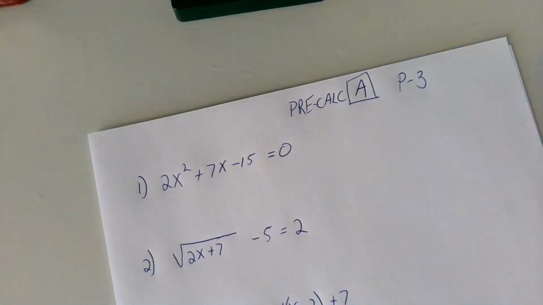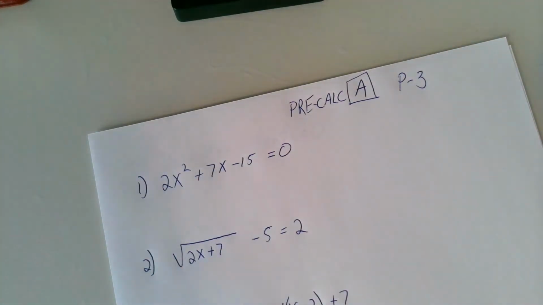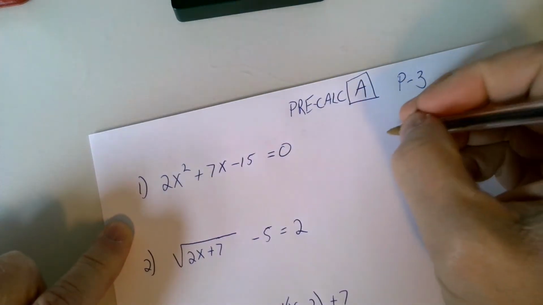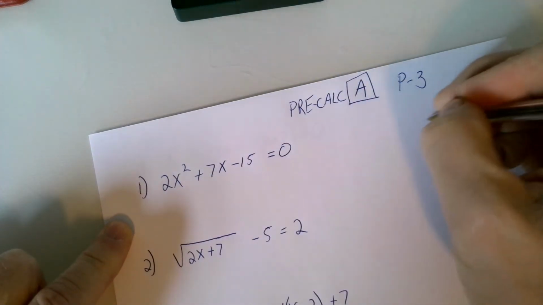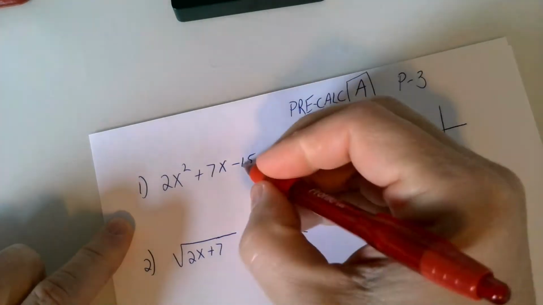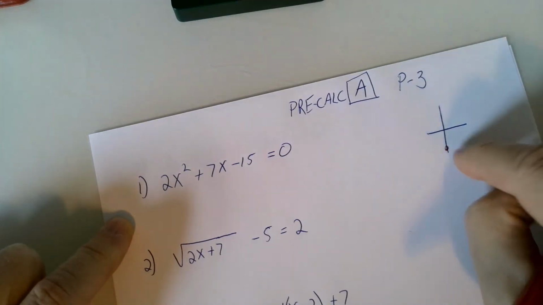So the first one, and again, you can copy any and all of these down, is 2x squared plus 7x minus 15 equals 0. I'm just going to give you a quick little rundown of this. If I do a quick sketch over here, and I want you to understand this more and more, 2x squared plus 7x minus 15 has a y-intercept of minus 15, which means it touches right down here.